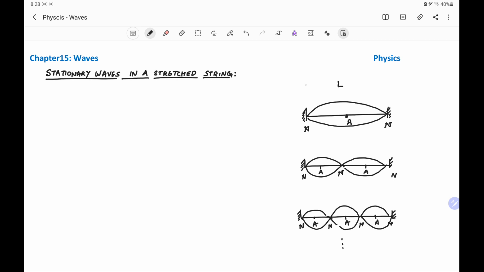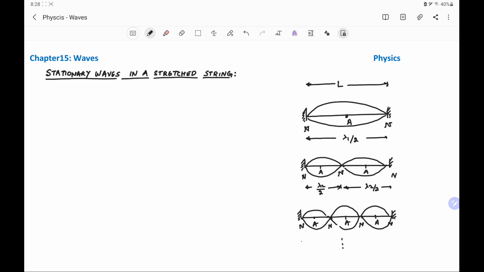L is the length of the string, and if the string is oscillating in one loop, the distance between two successive nodes is lambda by 2. So in the first case, suppose the wavelength is lambda 1, then it is lambda 1 by 2. In the second case, if the wavelength is lambda 2, then between two successive nodes the distance is lambda 2 by 2, and between the further two nodes, the distance is again lambda 2 by 2.